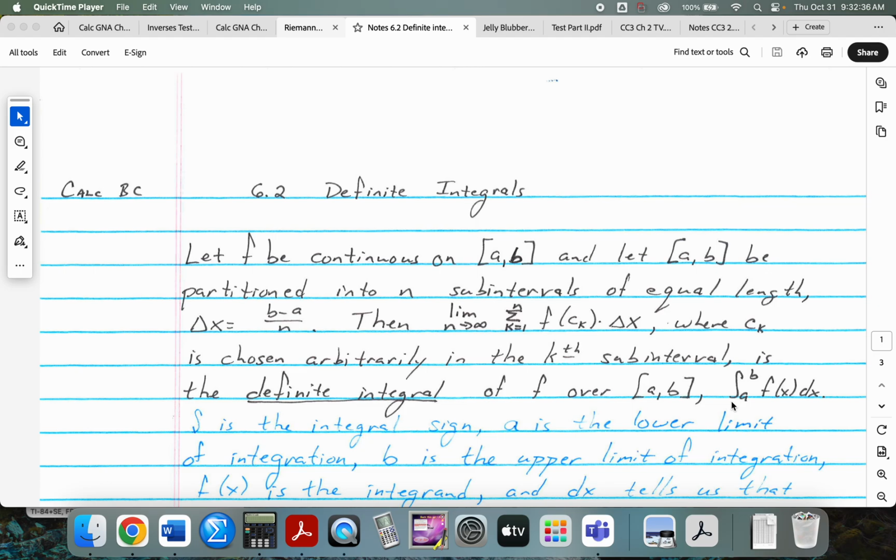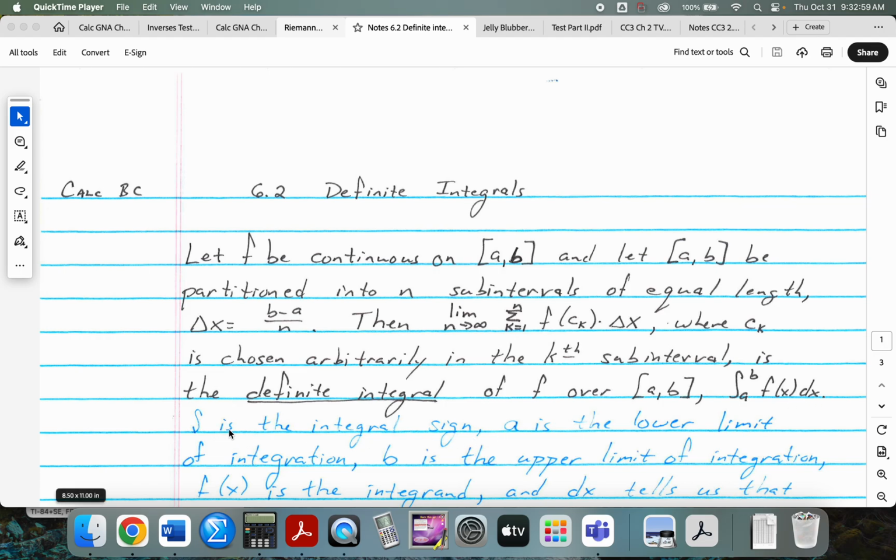A lot of times math symbols are just like a plus sign. Why is that the sign for addition? Who knows? But a lot of symbols in math are to remind you of something. And it's written as the integral from a to b of f of x dx.